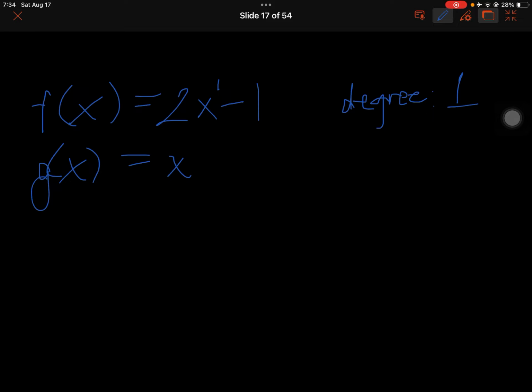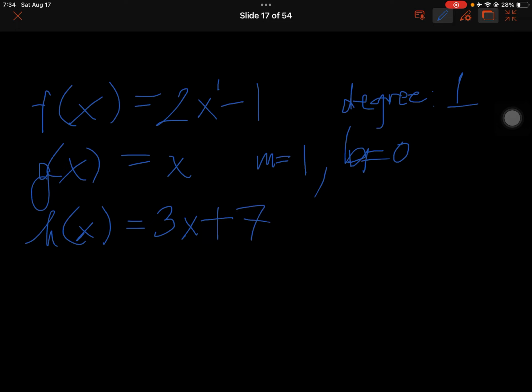So the slope here is 1, and the y-intercept here, or the b here, is 0. Okay. Another example is 3x plus 7. Okay, so this is again a linear function such that the slope is 3 and the y-intercept is 7. Okay.